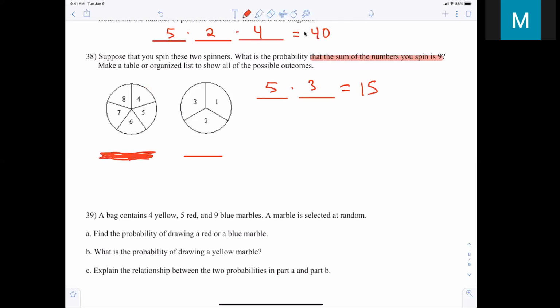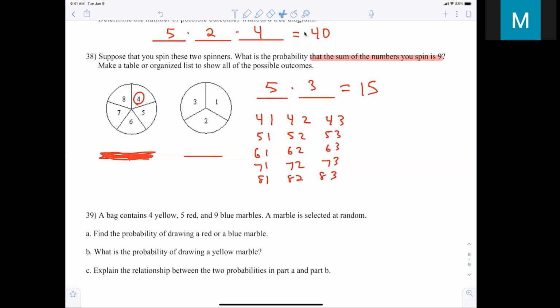Now, here's where you have to be careful because you're supposed to organize the numbers. So to organize the numbers, let's start with the small first. 4 and 1, 4 and 2, 4 and 3. 5, 1, 5, 2, 5, 3. 6, 1, 6, 2, 6, 3. 7, 1, 7, 2, 7, 3. 8, 1, 8, 2, 8, 3.